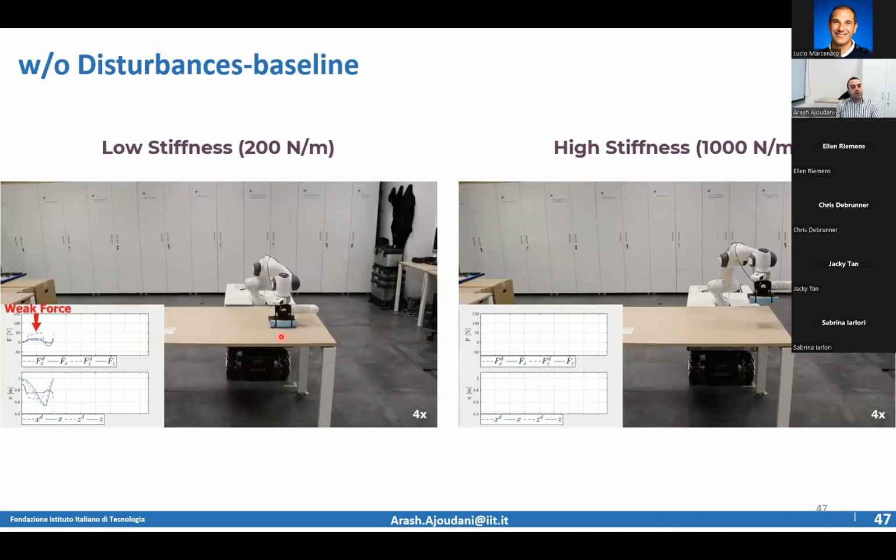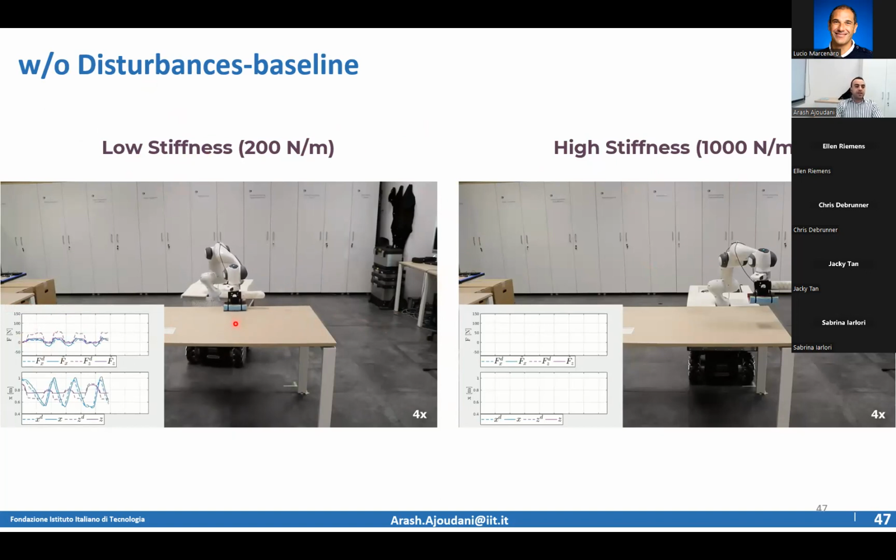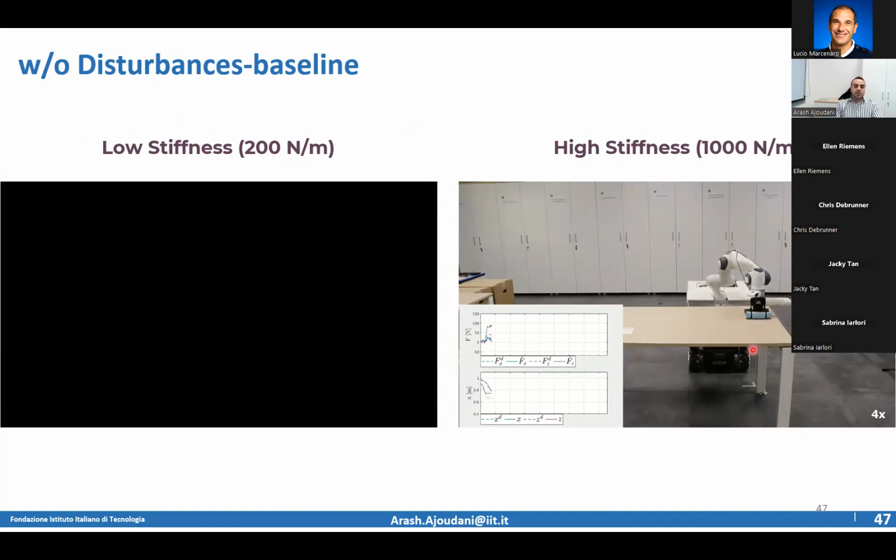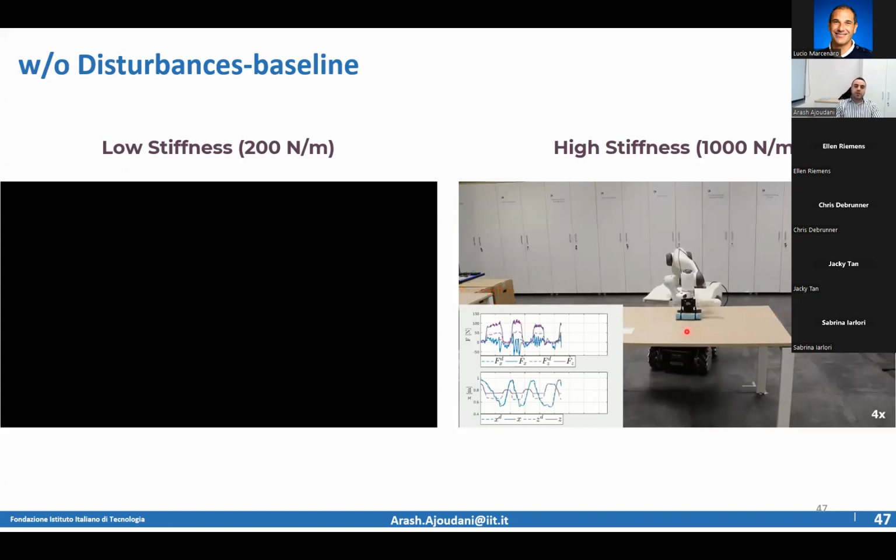But the bad thing about low stiffness is, as you know, you cannot really arrive at a good level of force because the robot is very compliant, and the peak forces are much less than the desired. You can also try to create a really stiff robot, but if your demonstrations are not exactly as your task execution, it will create really jumpy and jerky movements, which are not good for control and not good for the performance of the task.